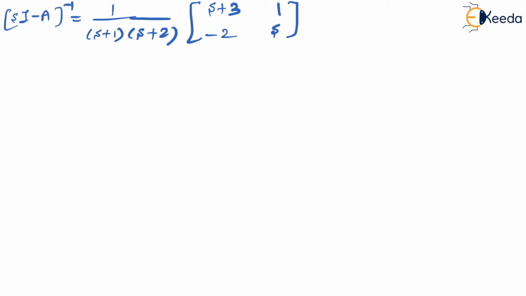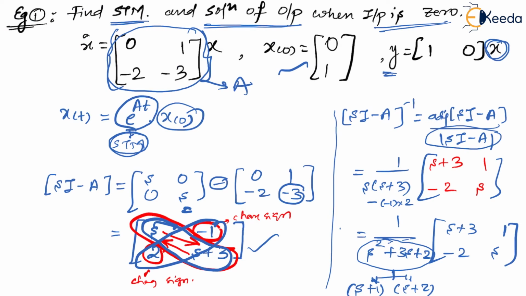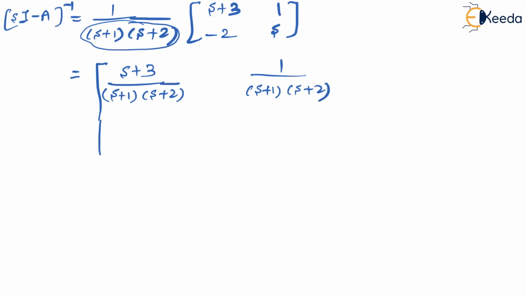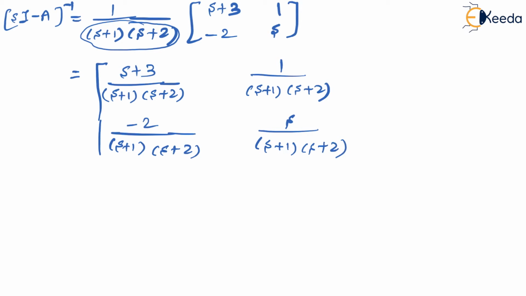So if I rewrite this and divide every element by these two factors, it becomes (s plus 3) upon (s plus 1)(s plus 2), 1 upon (s plus 1)(s plus 2), minus 2 upon (s plus 1)(s plus 2), and s upon (s plus 1)(s plus 2).